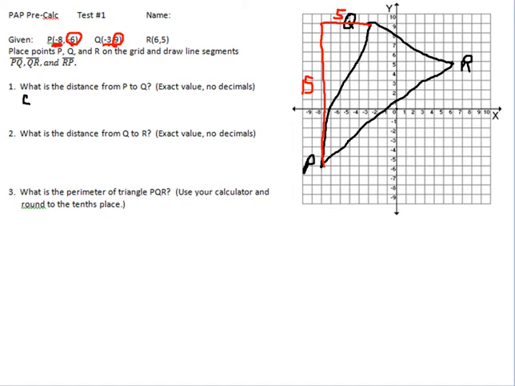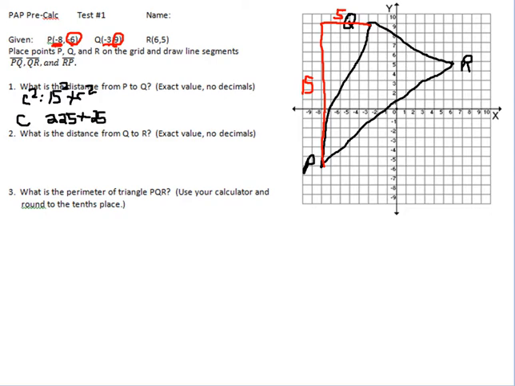So we have c squared is equal to 15 squared plus 5 squared. That's a 5. So 15 squared is 225. 5 squared is 25.